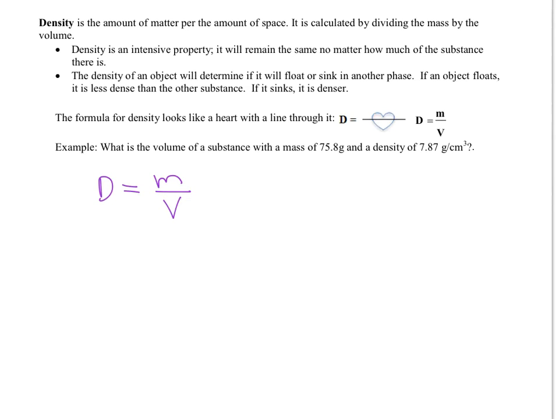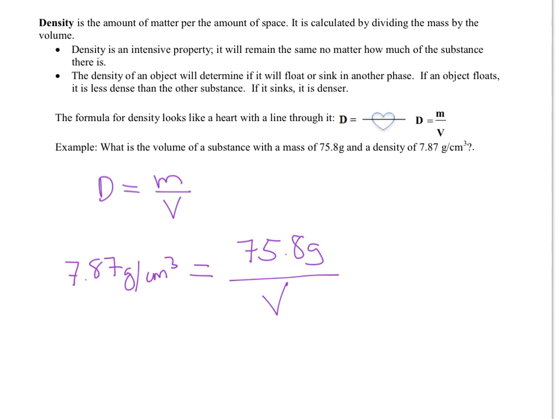I'm given the density, it's 7.87 grams per centimeter cubed. I'm given the mass, it's 75.8 grams. I don't know what the volume is, so that's what I'm solving for. You can write a V there, or you can write an X if that helps. Then you would do 75.8 grams divided by 7.87 grams per centimeter cubed.